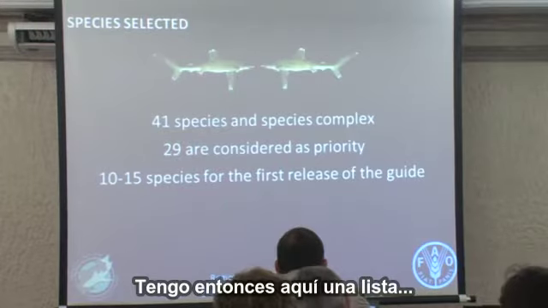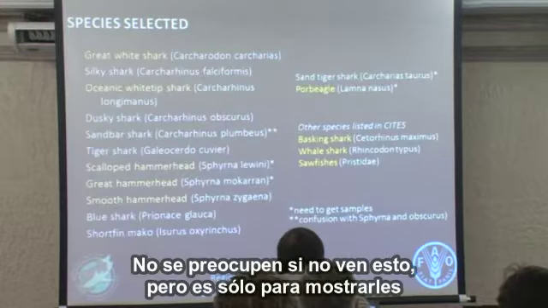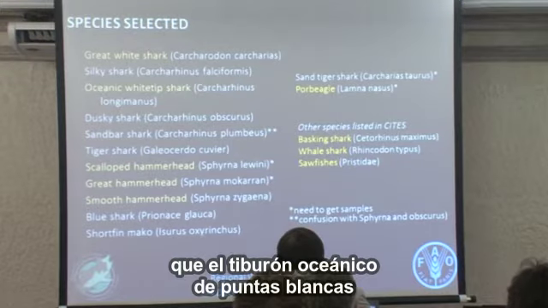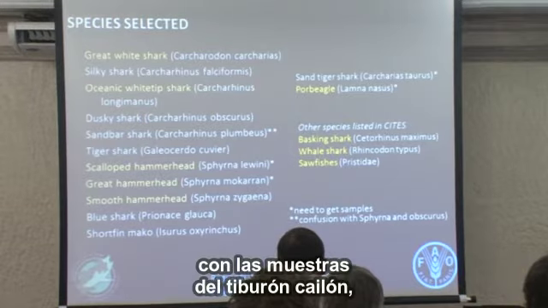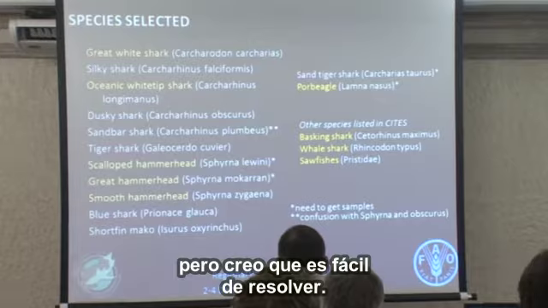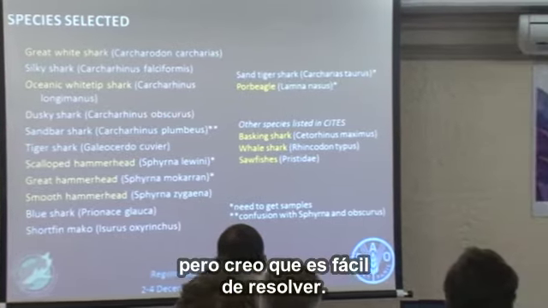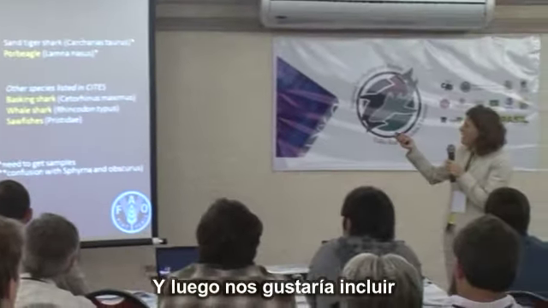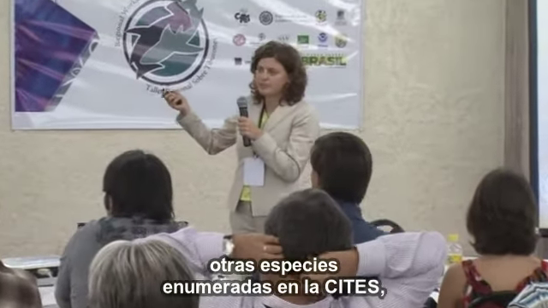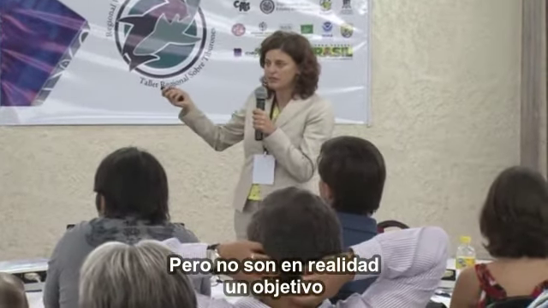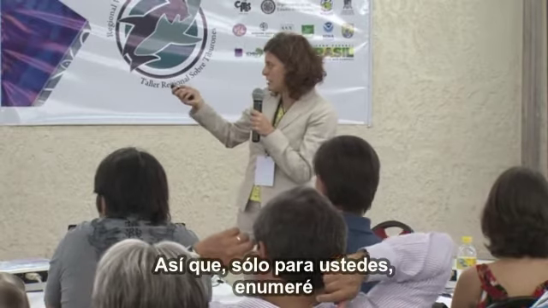And then we select 10, 15. Then I have here a list, don't worry if you don't see this, but just to show you that the oceanic whitetip and the hammerheads are included. We have some problem with porbeagle sampling, but I think it's easy to be solved now. And then we would like to include other species listed in CITES, but they are not really a target for fins now.